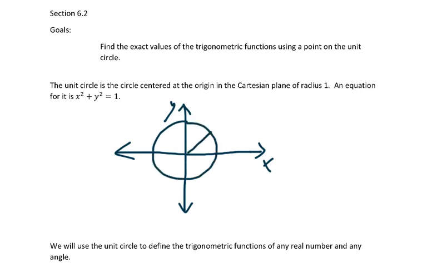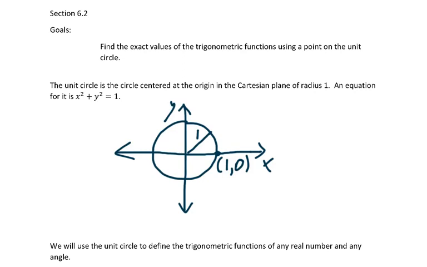So the center is at the origin, the radius is 1. In particular, this point over here, on the x-axis and on the unit circle, is the point (1, 0). In fact, the unit circle is the graph of this equation, x squared plus y squared equals 1. Okay, good. Now, that's the unit circle.